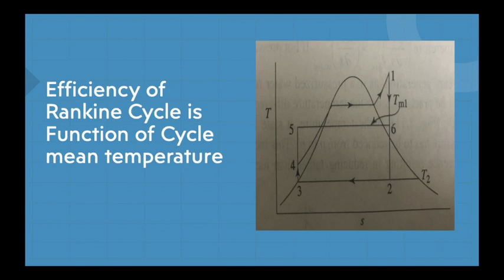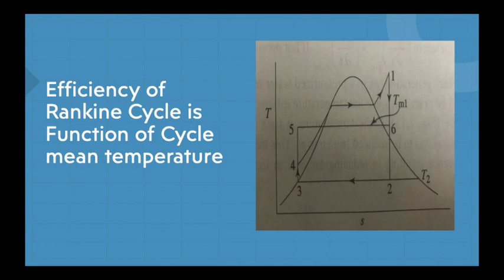The T2 of a Rankine cycle is actually limited by the cooling water temperature. This cooling water temperature is actually limited by the ambient conditions. So if I have to decrease my T2, I have to set up my plant in colder conditions where the ambient temperature is very low.